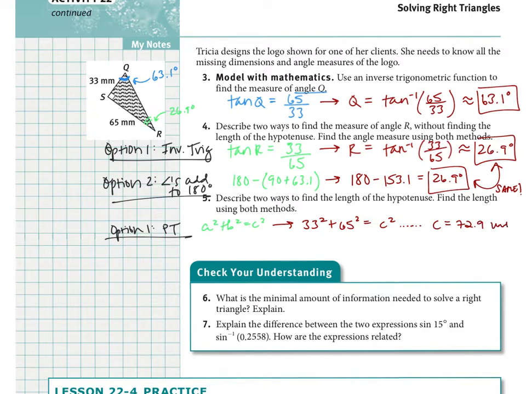Now remember, it's units, not degrees, because we're looking at a length here. So we ended up getting the length of QR. So that's something to keep in mind. That was one way to approach it, and that's probably the only way that you're thinking of so far.